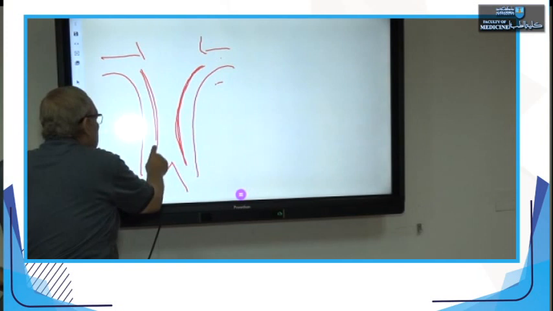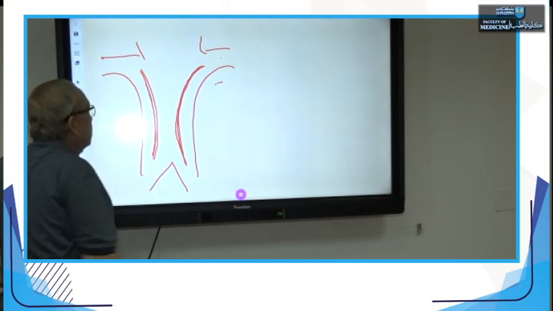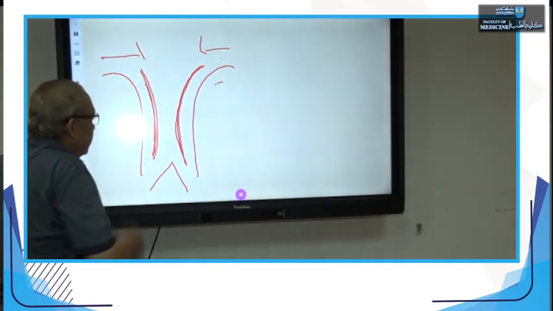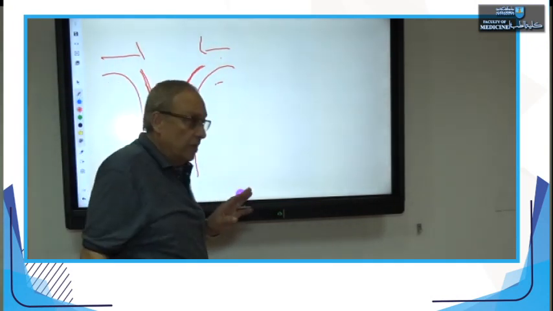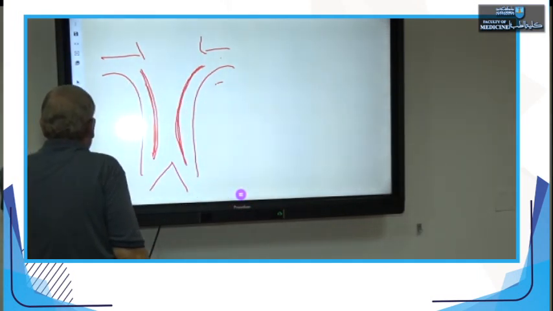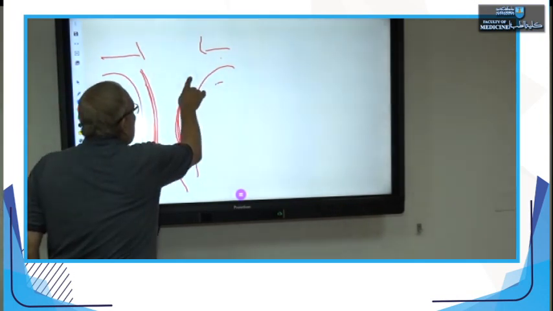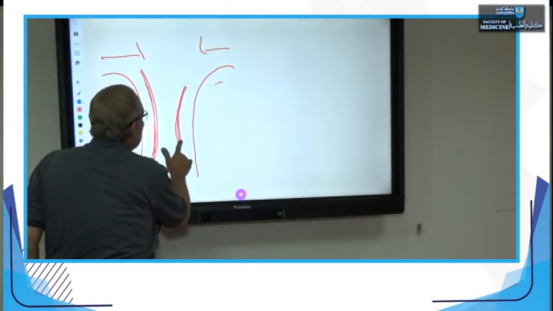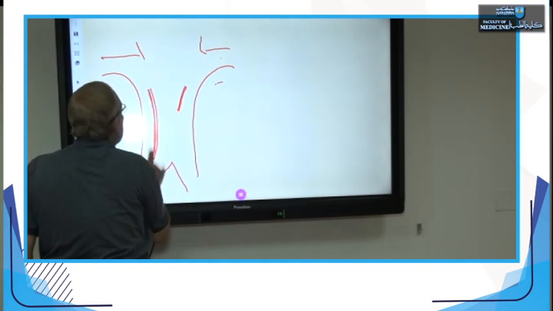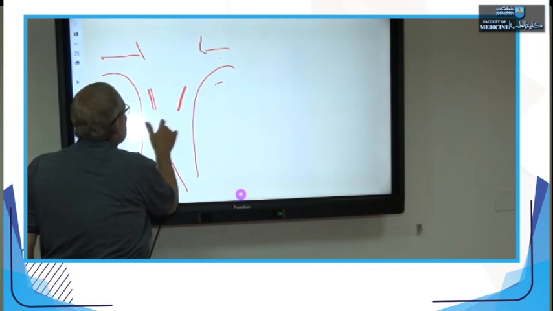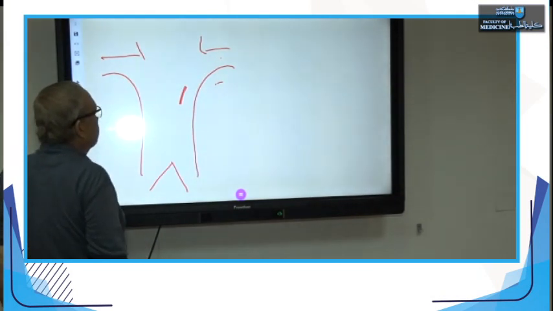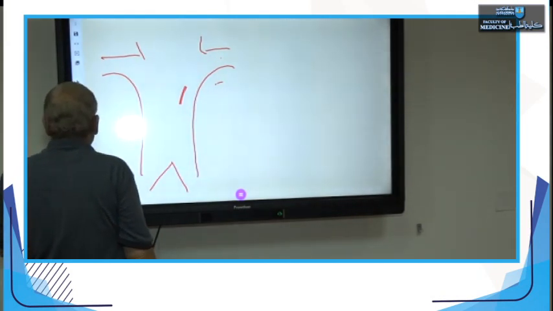This ridge or line on each side is called the mammary ridge or the mammary line. This line persists in animals, but in human, the upper part of the line will disappear and the lower part of the line will disappear, and the line will be restricted to the pectoral region only.